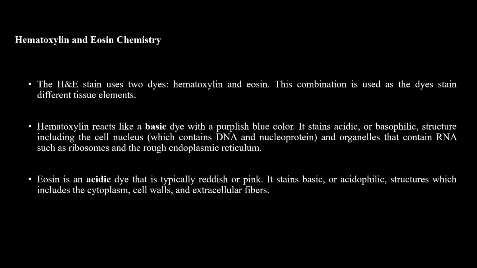The basic dye, purple to blue color, stains the acidic phosphorylated structures including the cell nucleus with nucleoprotein and organelles that contain RNA, ribosomes and rough endoplasmic reticulum. The acidic dye typically produces a pink stain on basic structures, with cytoplasm, cell wall and extracellular fibers.